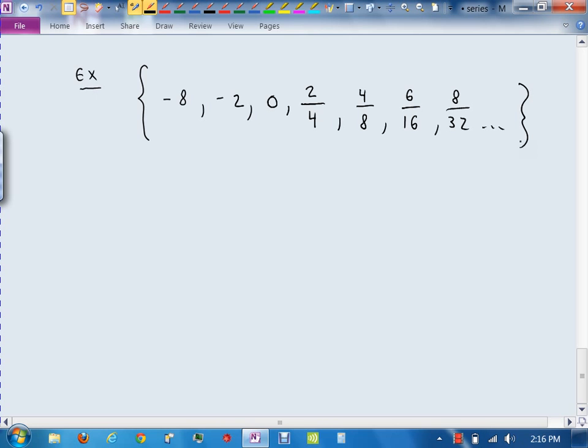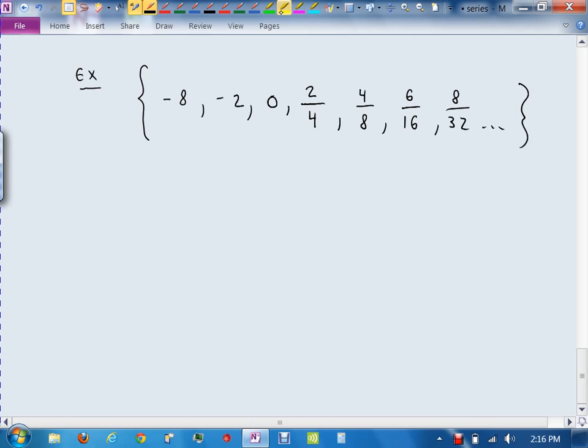Is it alternating? No. So you're not going to be playing with the negative 1 to the n power or anything like that. Okay, let's look at the numerators. Well, we only have fractions for part of the time, the rest of the time we don't, right? But every number can be looked at as a fraction, can't it? So any pattern in the numerator? They look like evens, don't they?